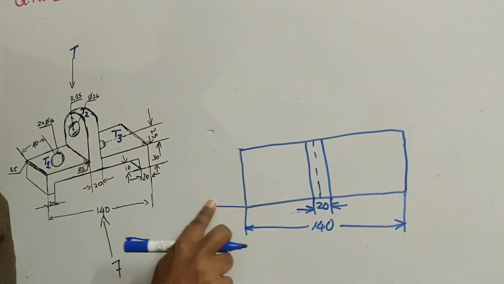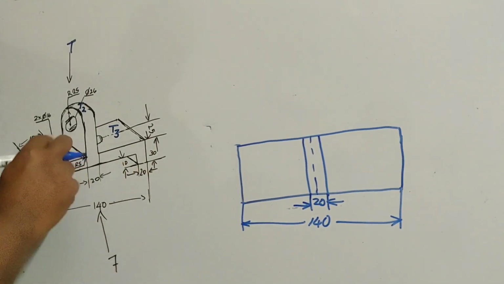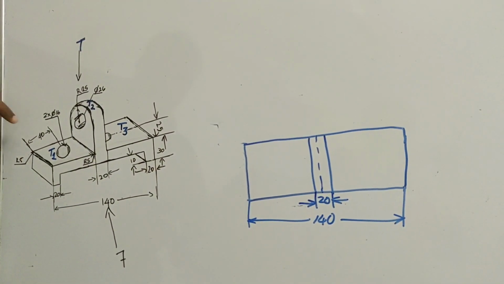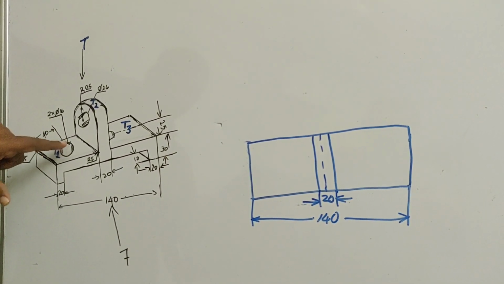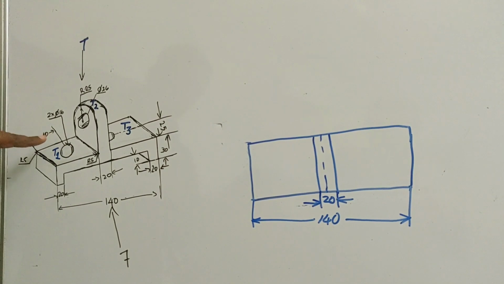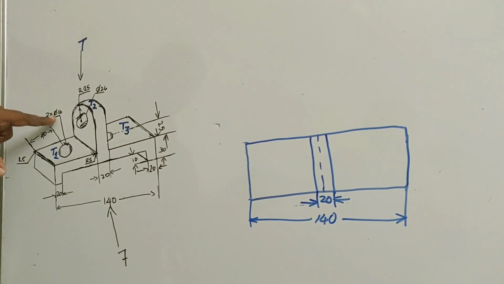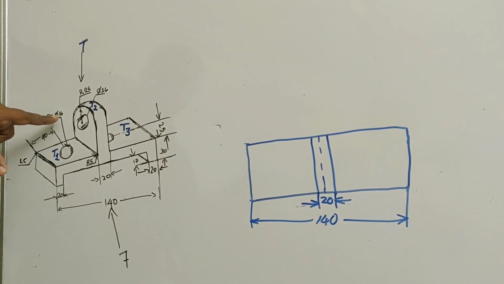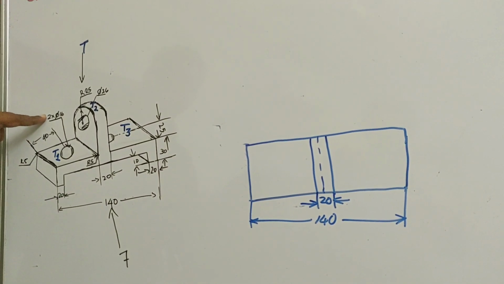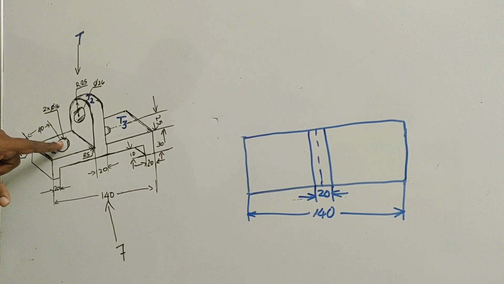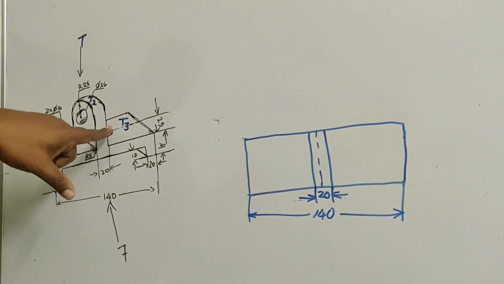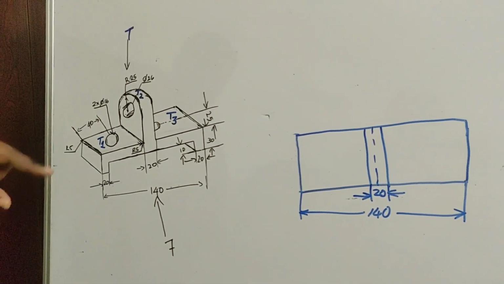So, before taking 50, you have something else, that is from this side you are having 40 mm to this particular circle. The diameter of the circle is 16, it is given as 2 number of 16. So why it is 2 numbers? One side there will be the first one and the other side there will be the second one.